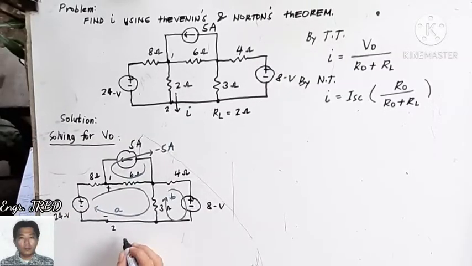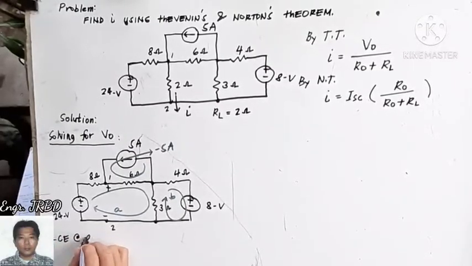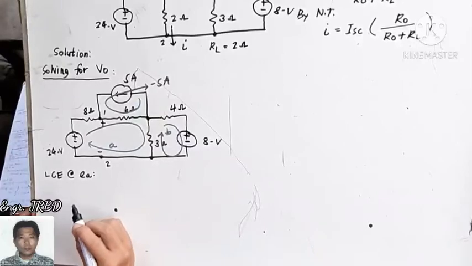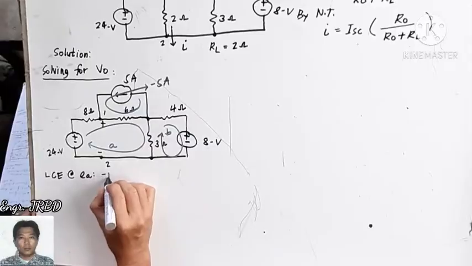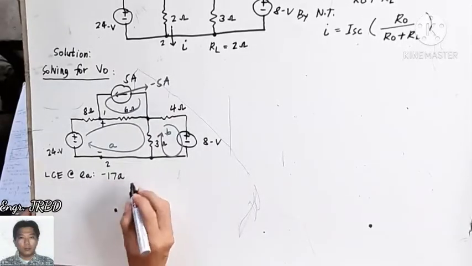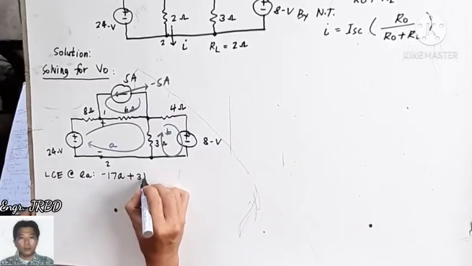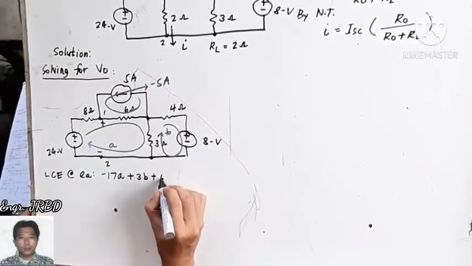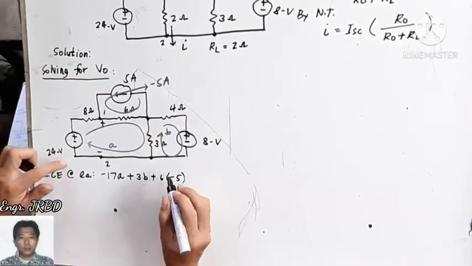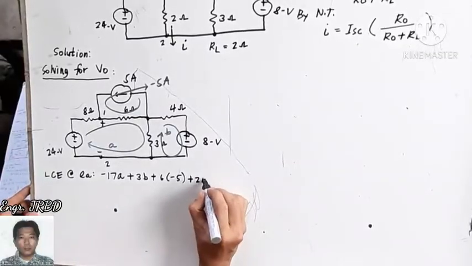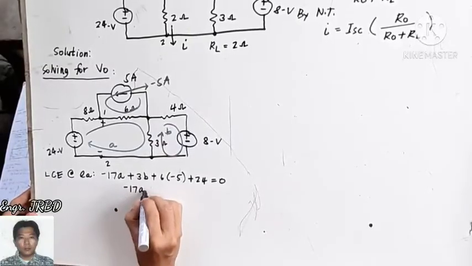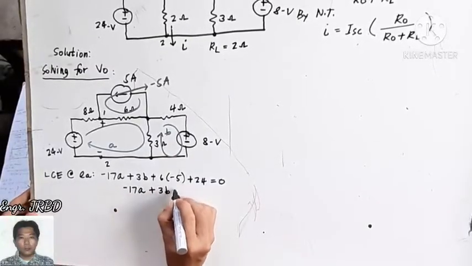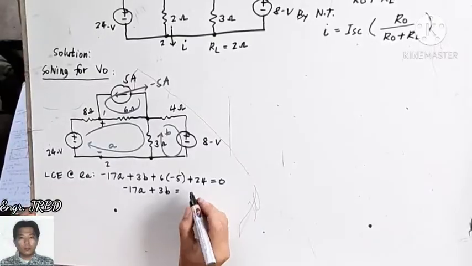If we start by applying your loop current equation at loop A, this will be 8 plus 6, 14, plus 3 is 17. So that is negative 17A plus 3B, correct? Plus 6 times negative 5 plus 24 is 0. So if we simplify, this is negative 17A plus 3B is positive 6.